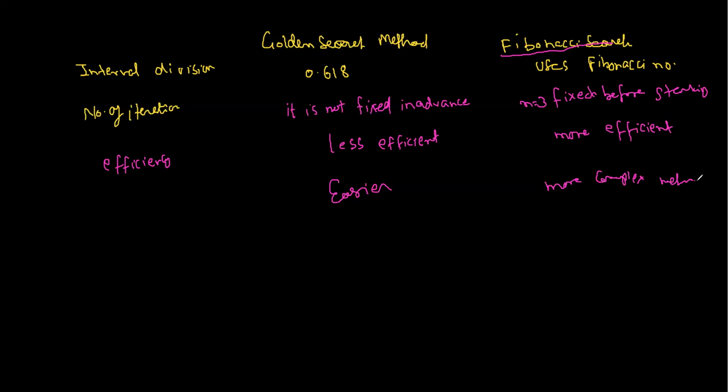It requires deciding the number of iterations beforehand. Now you can ask, sir, which is better? See, if you want a simple algorithm, then you can use the golden search method. If you have a fixed number of function evaluations and want the best possible interval reduction, then you can use Fibonacci search.